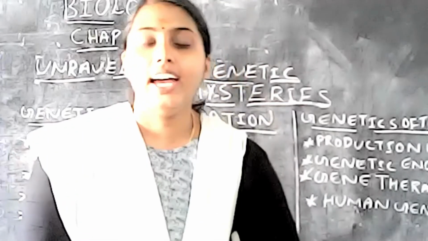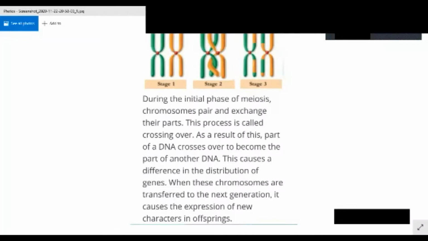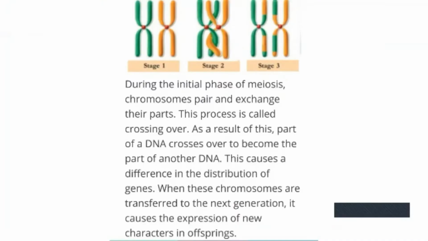Now we can see the certain steps in crossing over. You can see in the picture, two chromosomes are shown in the first stage. In the second stage, you can see two chromosomes mixing together. In the third stage, the two chromosomes exchange their parts with each other, so both chromosomes exchange characters, and a chromosome with a new character is formed.